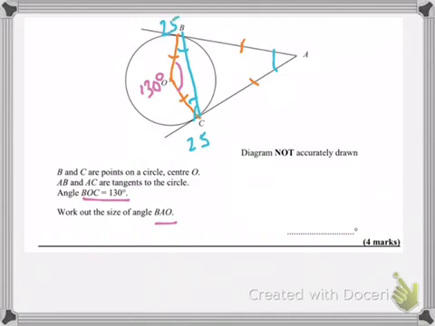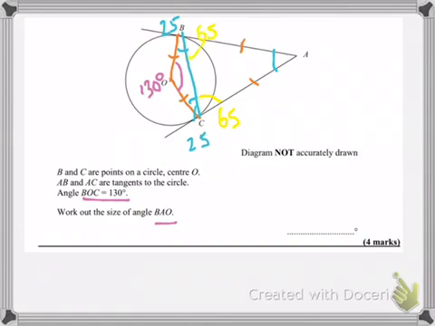We also know that tangents and radius meet at 90 degrees. So this entire angle here is 90 degrees. So if the entire angle there is 90 degrees, then the rest of the angle, taking 25 from 90, is 65 degrees. So they're 65 degrees down in there.